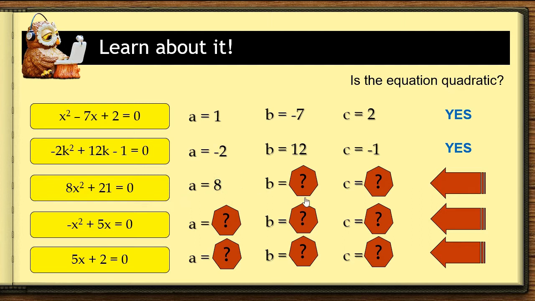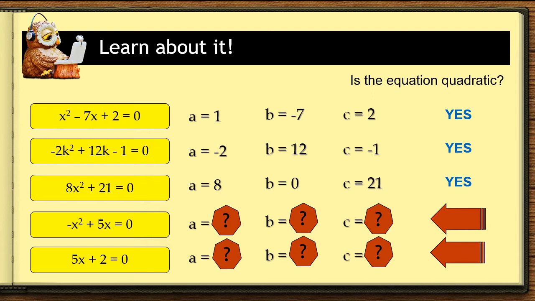How about the value of b? Take note, if the linear term is missing, it means that the coefficient of the variable is 0. So the value of b here in this example is 0. And the constant is 21. So, is this a quadratic equation? Yes, it is a quadratic equation.